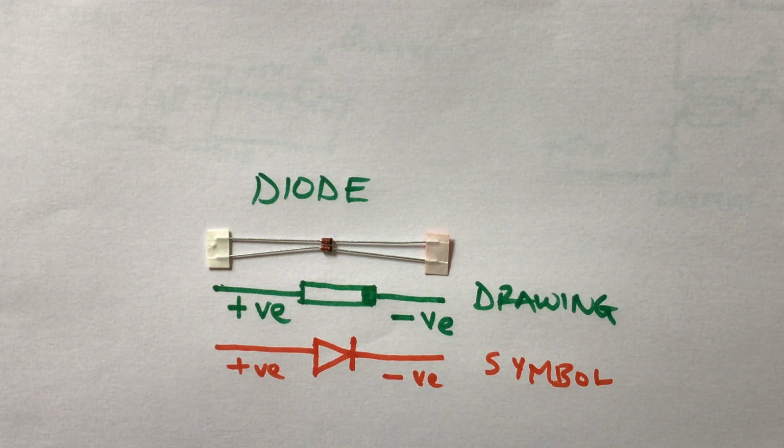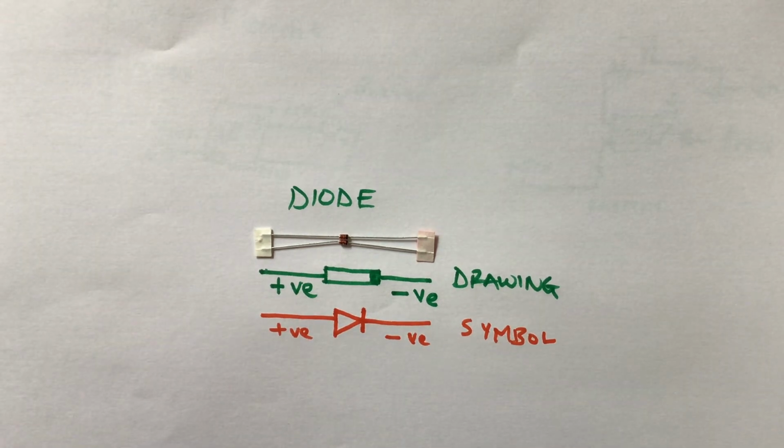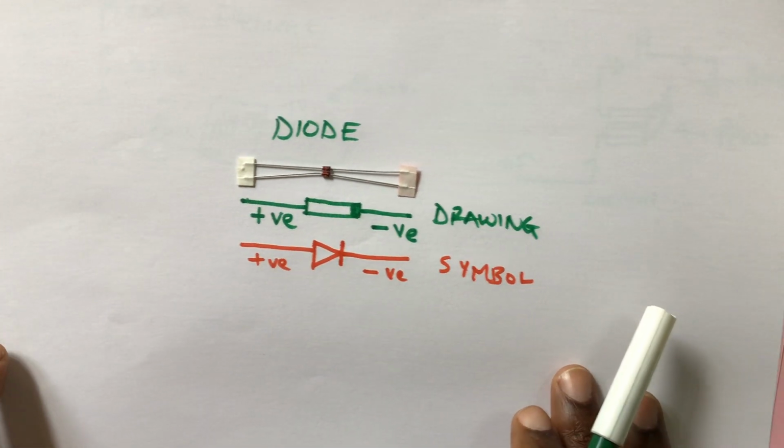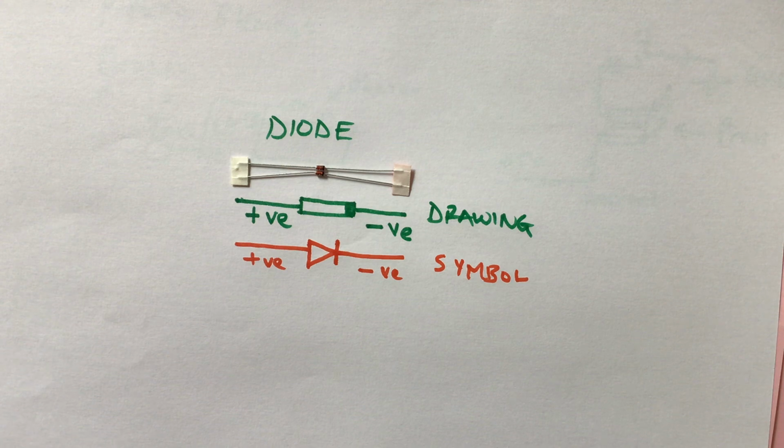We want to go to the next part, understanding the applications of a diode. Why do we need diodes in real life, and how do we use them? That will bring us to a discussion on the motors.